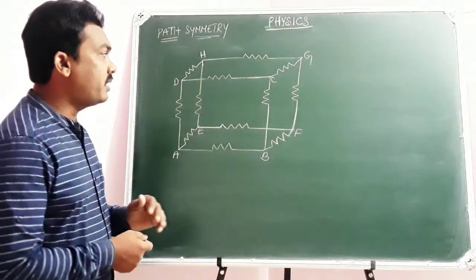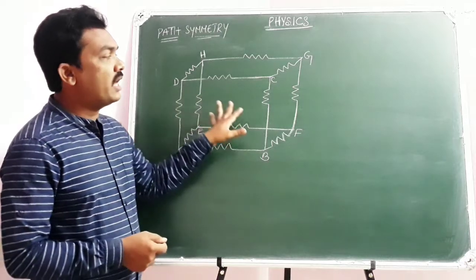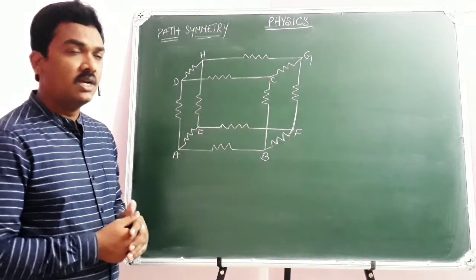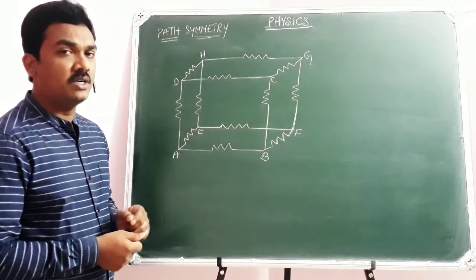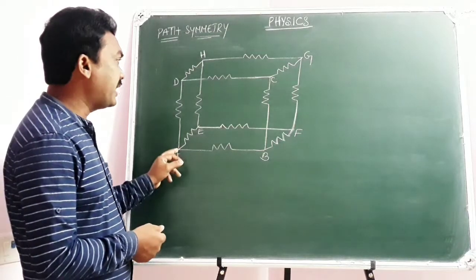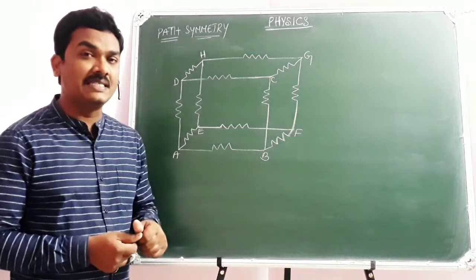So using path symmetry, if there are 12 identical resistors connected along the sides of a cube, then we calculated the equivalent resistance across the body diagonal AG.